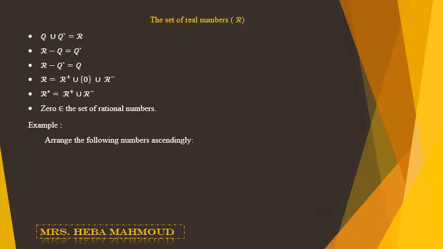Example, arrange the following numbers ascendingly: square root of 62, 8, negative square root of 50, and square root of 70. Solution. First, we have to write all of these numbers as square roots. So, square root of 62, and the 8 is the square root of 64, so we will write it as the square root of 64, and negative square root of 50 and the square root of 70.